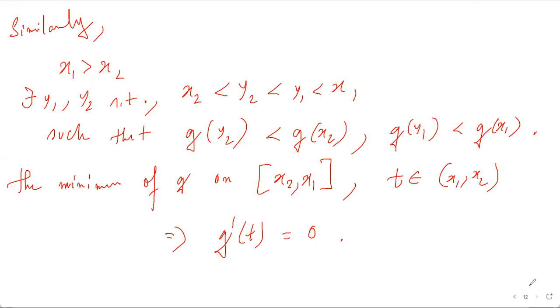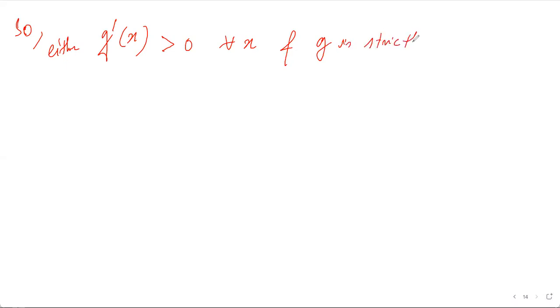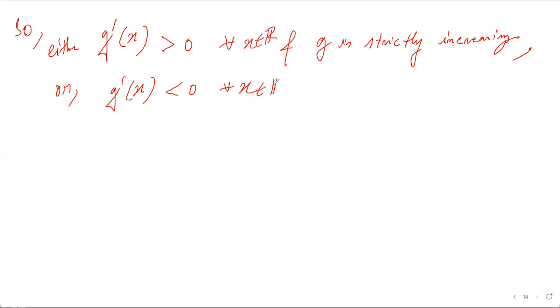So that means what we are getting is that either g dash x is strictly greater than 0 for all x, and g is strictly increasing, or g dash x is less than 0 for all x in R, and g is strictly decreasing.